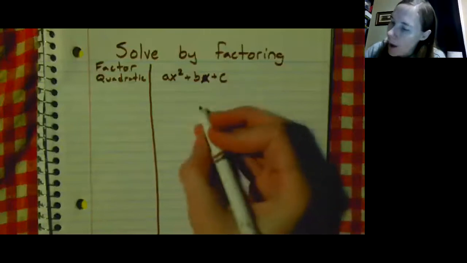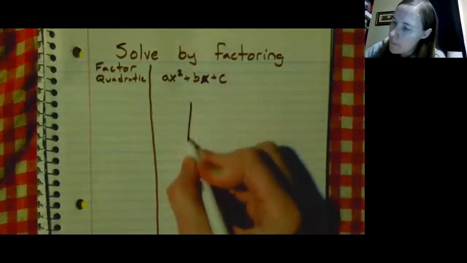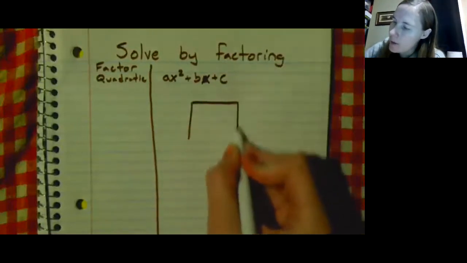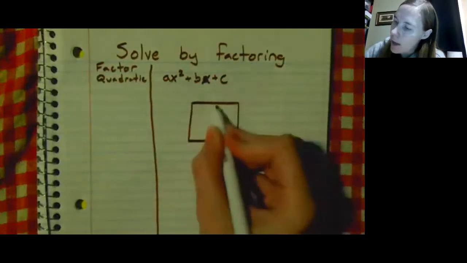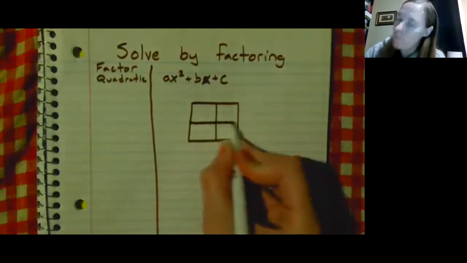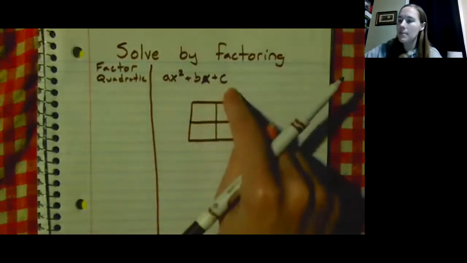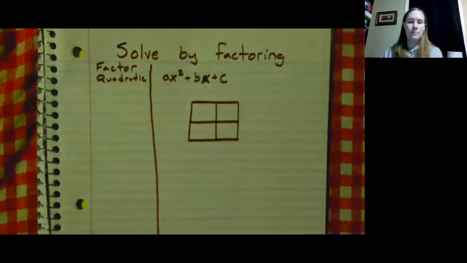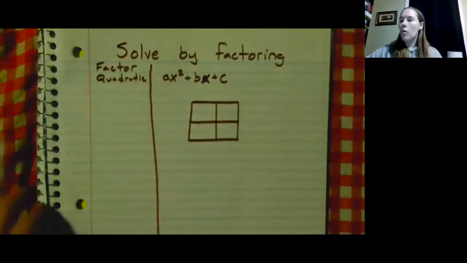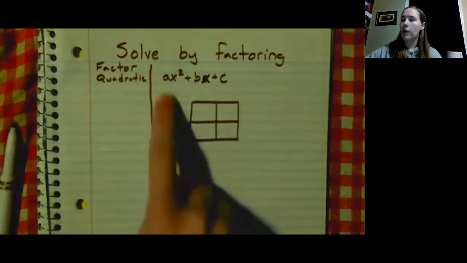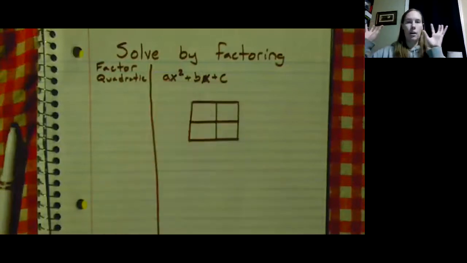So I'm going to draw my area model because it's going to help me out. And I know from Friday, we're working with two different things, something times something and something times something. Well, we know we can fill in some of these from the information we have here. I'm going to do it very generally, and then I'm going to do it with an example.